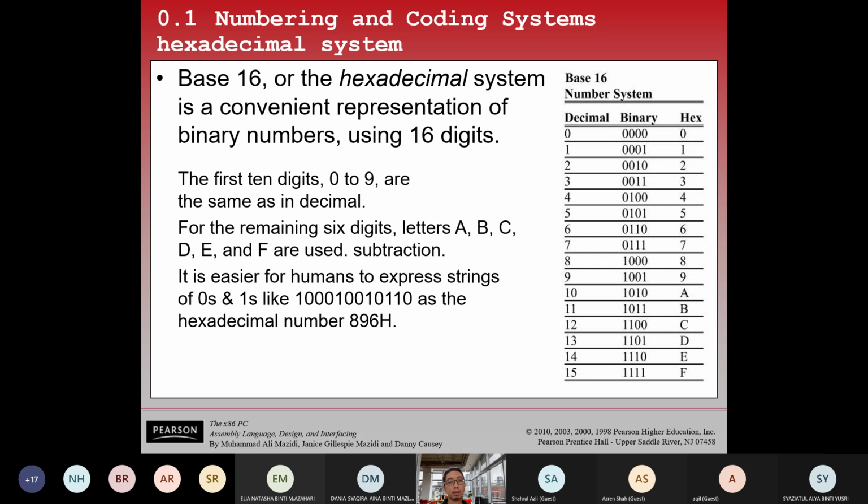In binary you have 4 bits, from 0, 0, 0, 0 up to 1, 1, 1, 1. So that's how they come up with the hex numbering. So you need to consider 16 digits, and that is the equivalent.